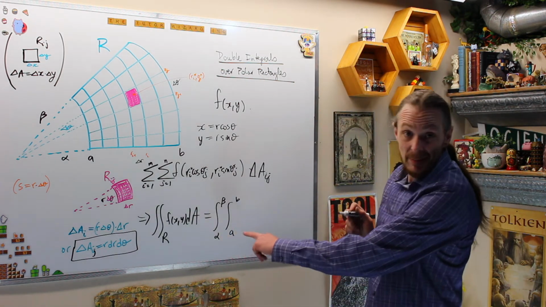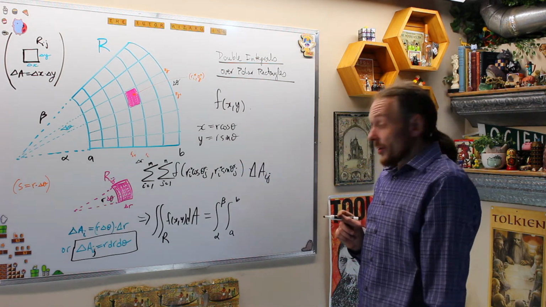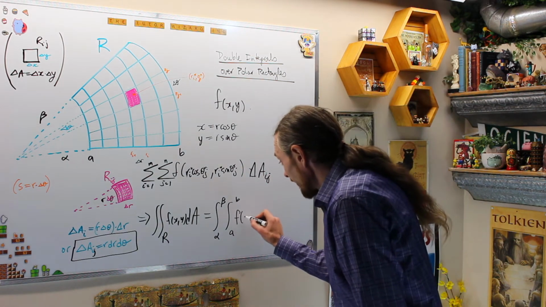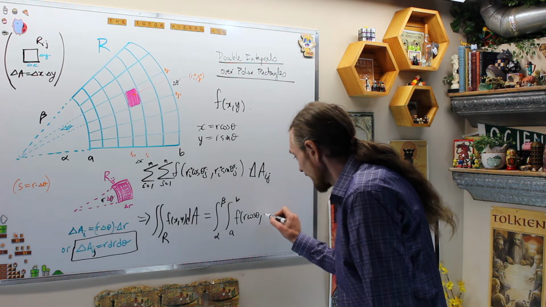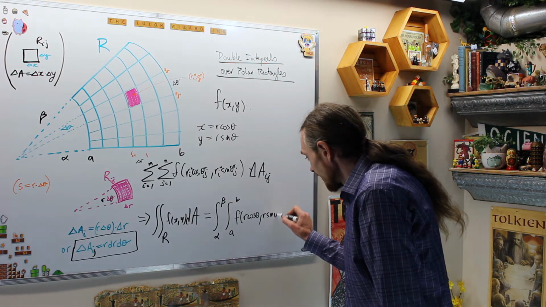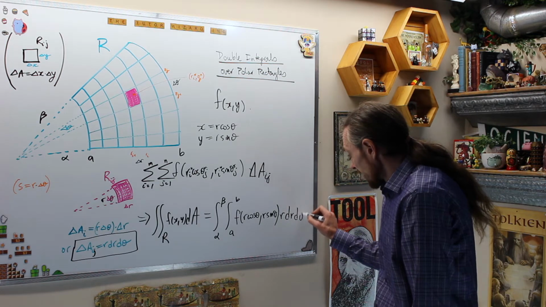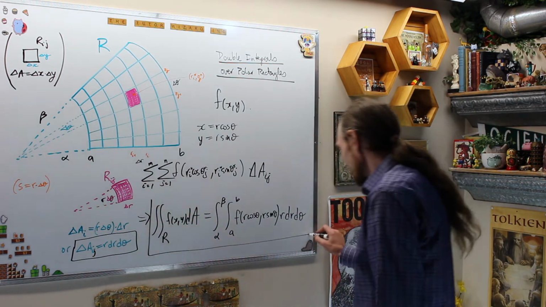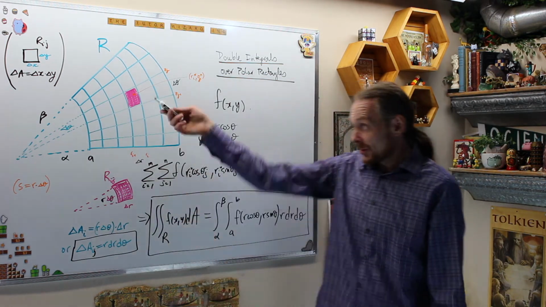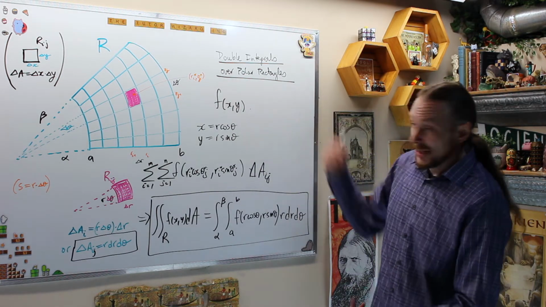It's Fubini's, but in polar coordinates now, and you're going to get f of r cos theta, r sin theta, and then now r dr d theta. That's a half derivation, using Riemann sums to chop up that sub-rectangle and make the transformation.